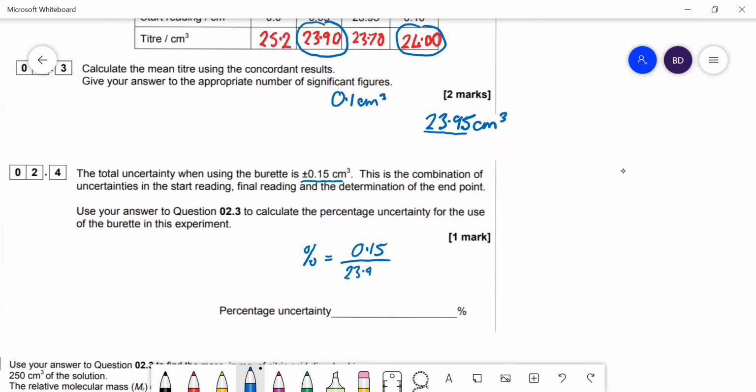So divide by that, multiplied by 100. That's going to give us a pretty small error of 0.63%.